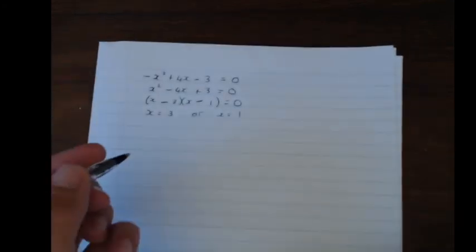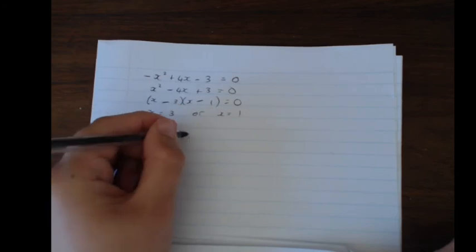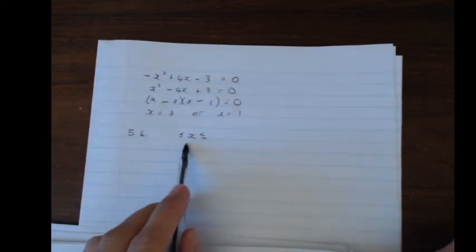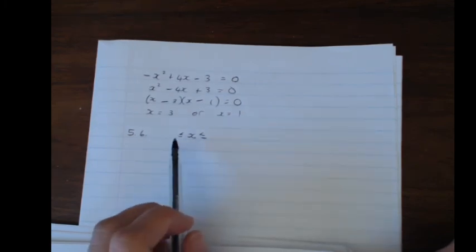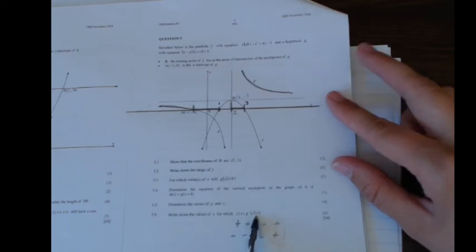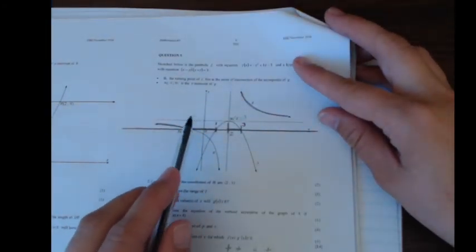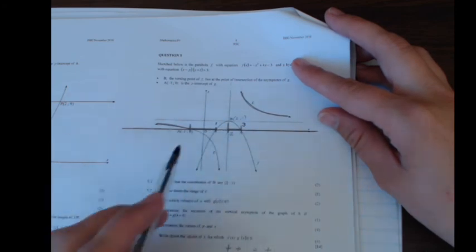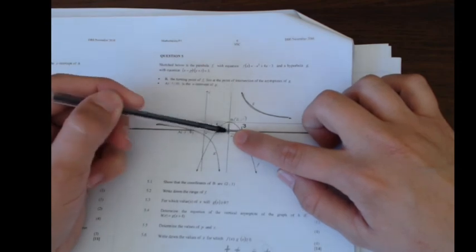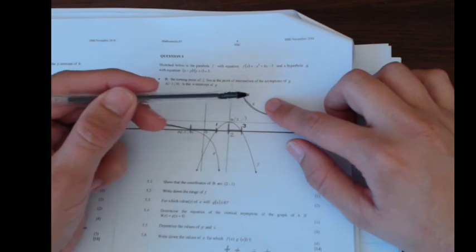So I want to write that down. My answer for 5.6 is going to be x must lie between, and I'm going to make it equal as well, because they wanted the 0 points to be included. These are my 0 points, the minus 1, 1, 2, 3, so I'm going to include those, except for the asymptote, because g does not have a graph on the asymptote.